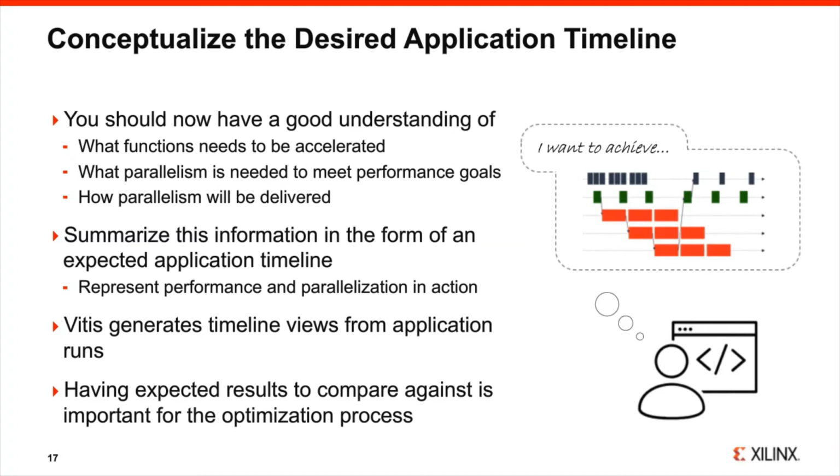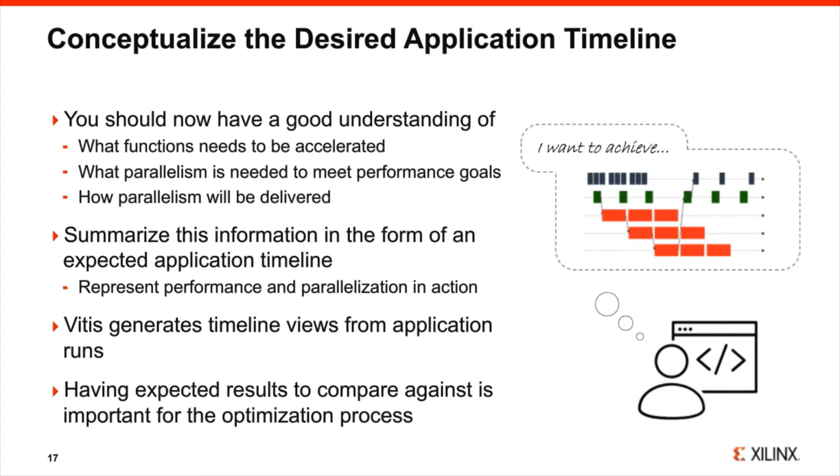Another reason why it's very important is that the tool will generate those kinds of views for you as you run the application in emulation or on a real system. So you will have what you expected and what the result is to compare.